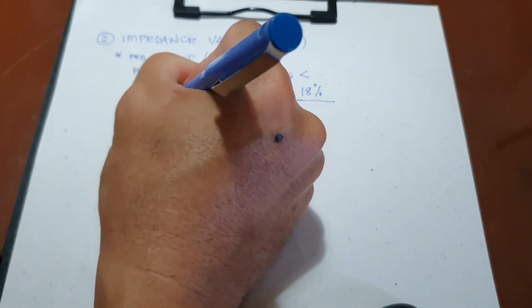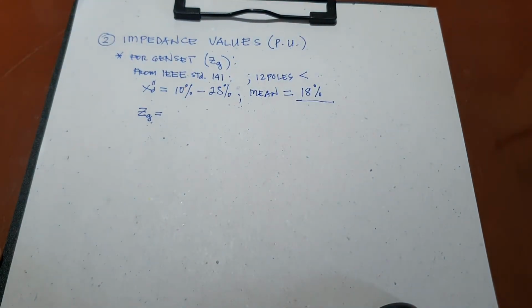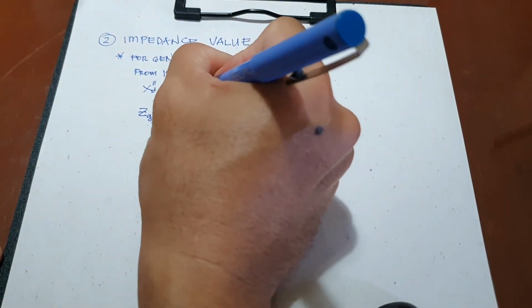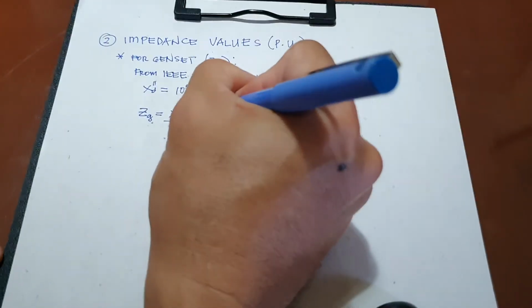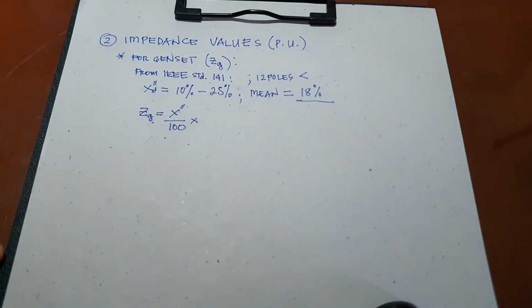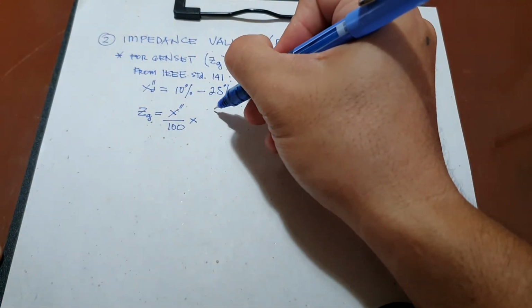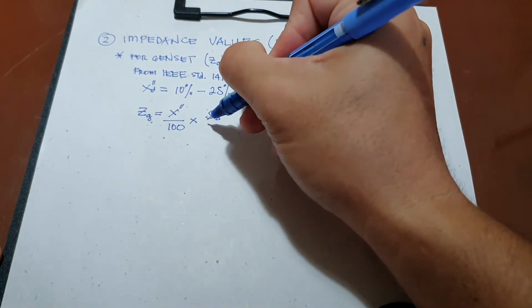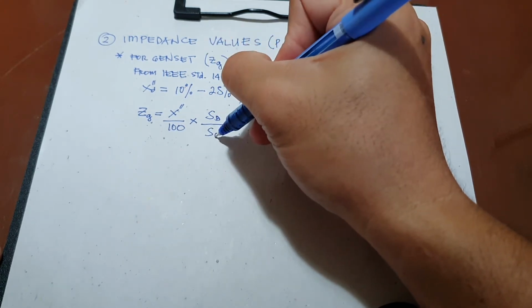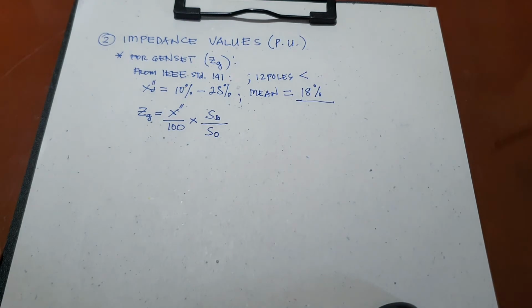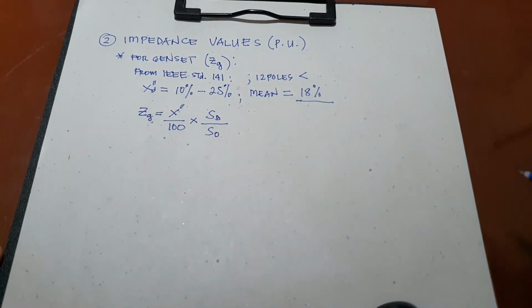The impedance Z is equal to the subtransient reactance in percent divided by 100, multiplied by the S base over the S old, or the old rating of the genset.